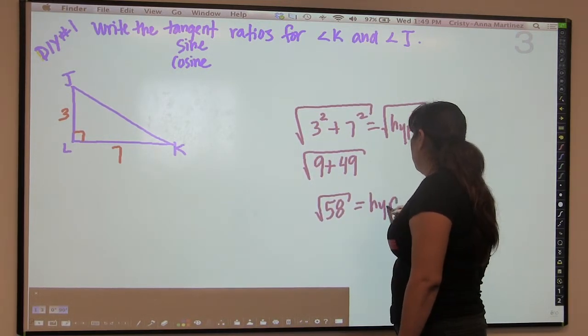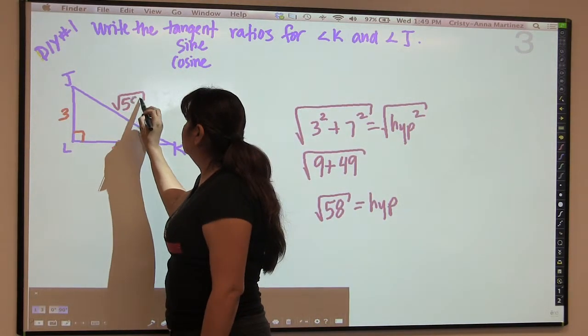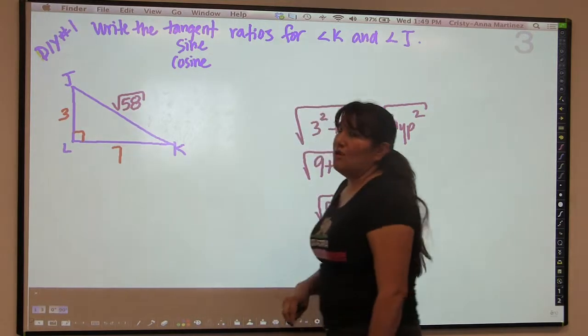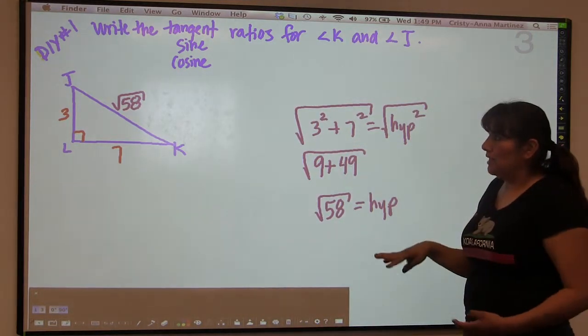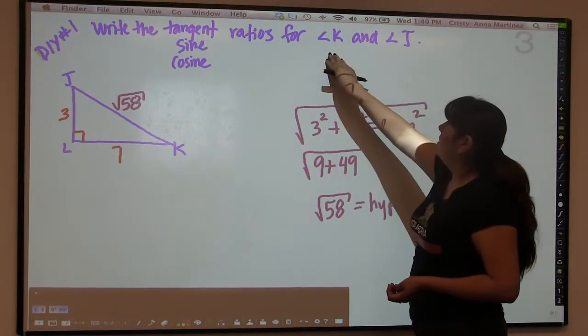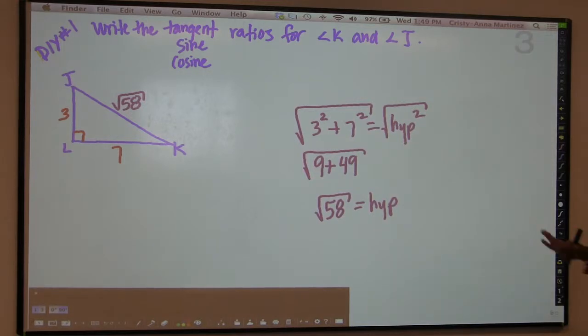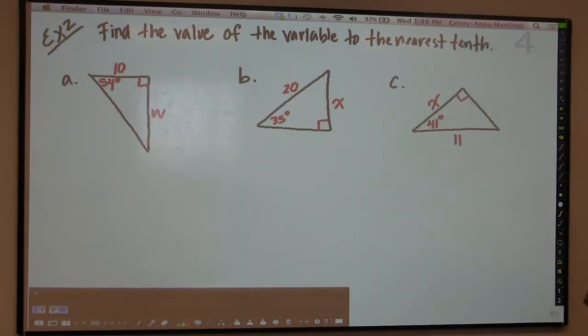So it's kind of a weird number, but this is going to be square root 58. So now that you have that, you can continue the problem like normal and find the tangent, sine and cosine. You have 2 different angles, K and J, in this example. So you will finish that at home, and we will move on to the next thing.